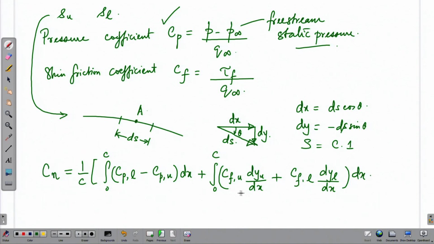So, this gives the total contribution of pressure and skin friction to give you the normal force coefficient.